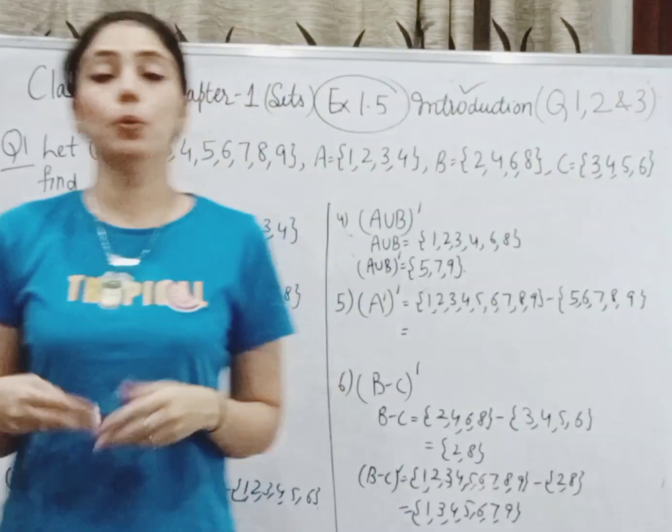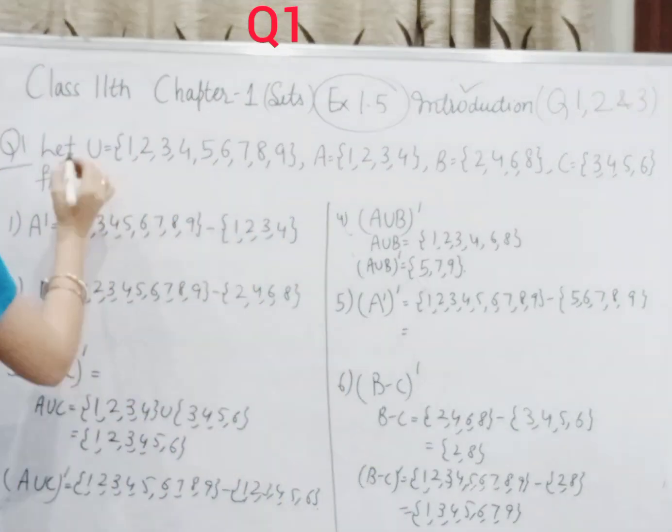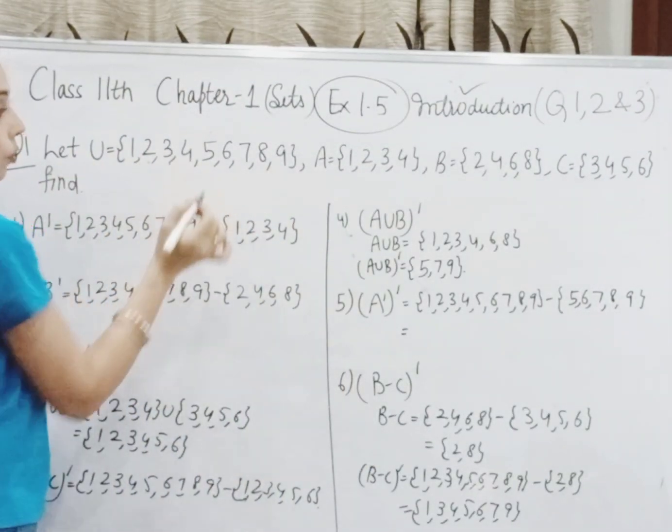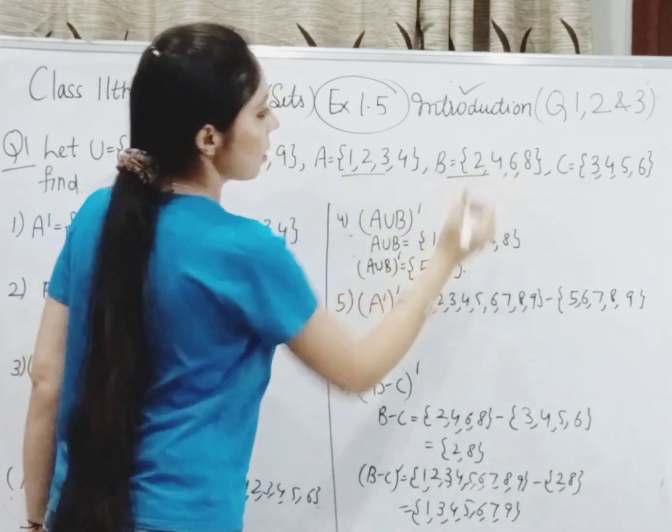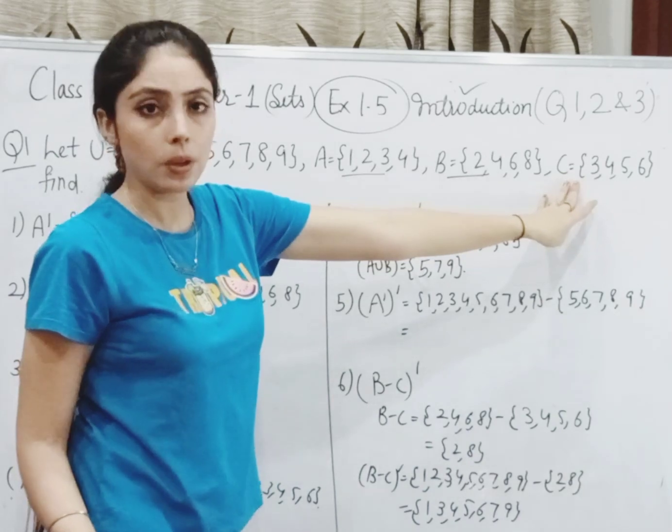Okay, let's do question number 1, which is: let U be equal to {1, 2, 3, 4, 5, 6, 7, 8, 9} and A, B and C are these sets.